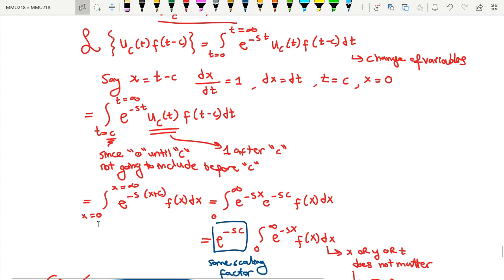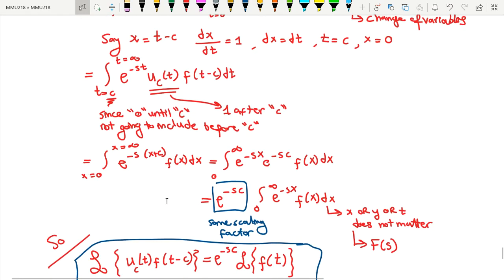My initial boundary is t equal to c; when t is equal to c, x is equal to 0. x goes to infinity. So if I sort the terms by expanding this, minus sx minus sc, e to the power of these times f of x dx.